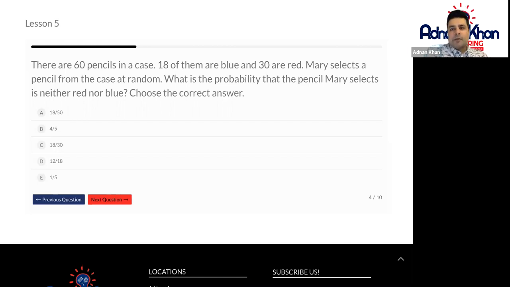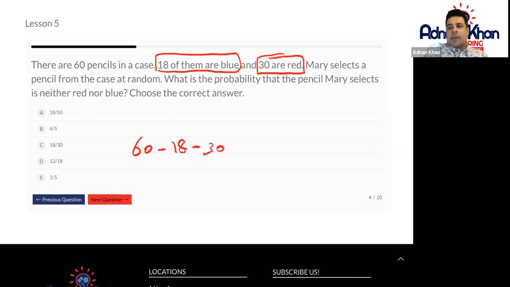Okay, so 60 pencils altogether. 18 of them are blue, so let's take away 18. And then 30 are red, let's take away 30 as well. Let's work that out. So 60 take away 18, take away 30 gives us 12.